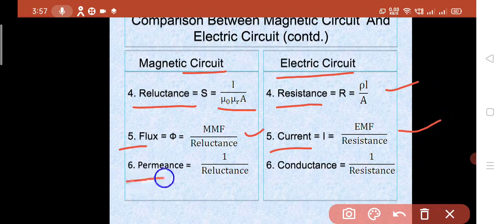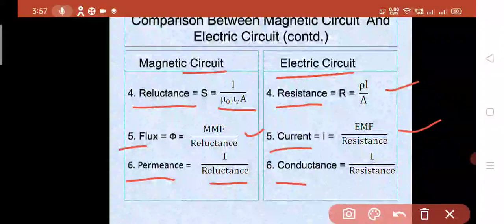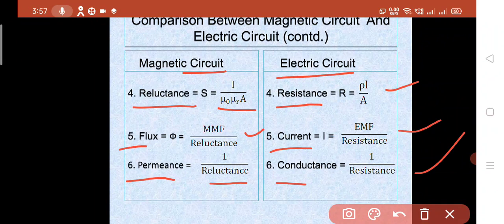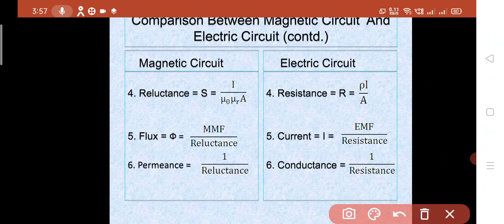And sixth point, magnetic circuit: permeance, 1 by reluctance. Electric circuit: conductance, 1 by resistance.